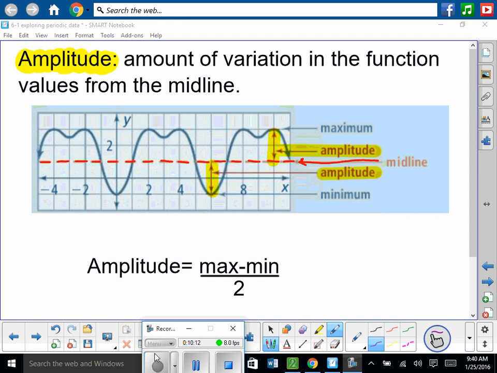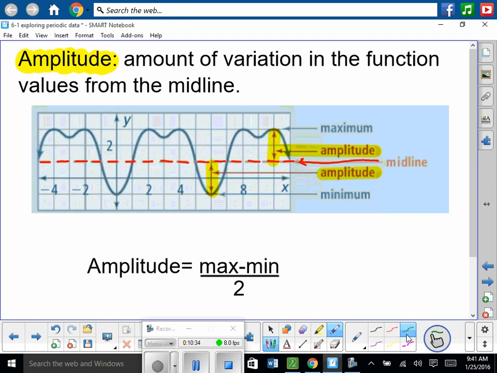The midline is not always going to be on the x-axis. In fact, look at this example. It's halfway through the function. So our lowest is -2 and our highest... isn't it working in 2s? Oh. Is it? No, it's working in 1s, right? Yeah. If you needed to label it, we could go like this.